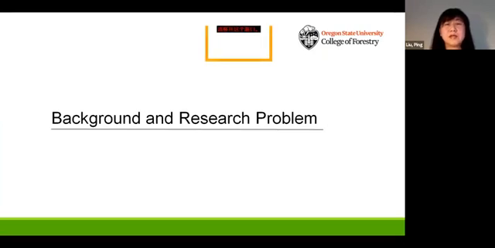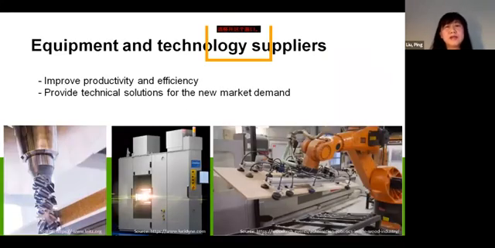First, the background and research problem. So equipment and technology suppliers have a long history of helping the U.S. forest sector improve their productivity and efficiency and provide technical solutions to the new market demand.